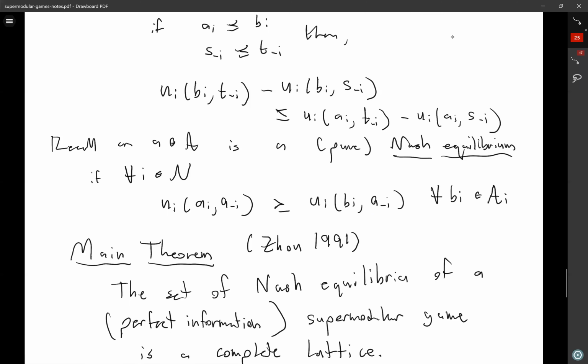And of course, this has to be true for all players of the game. So this is a pure Nash equilibrium.